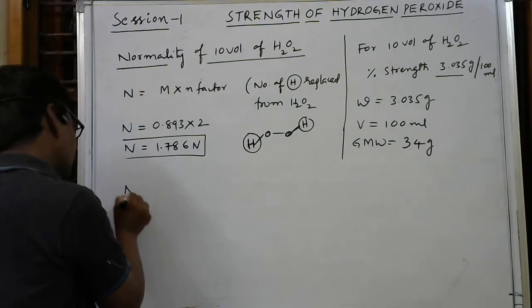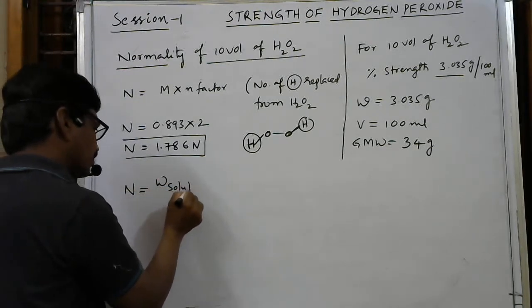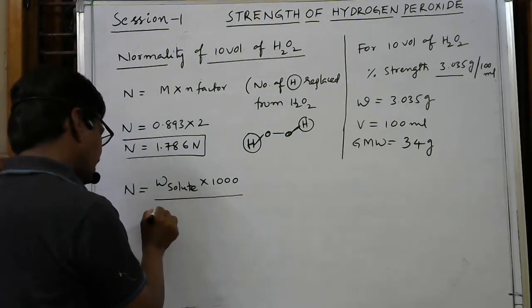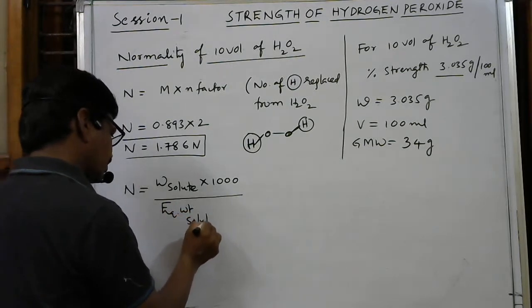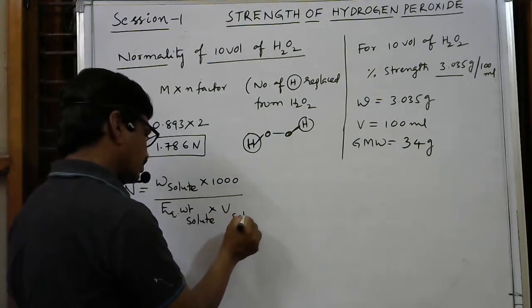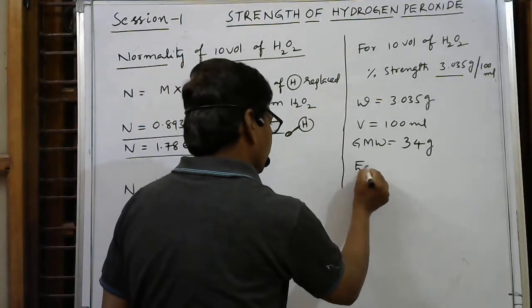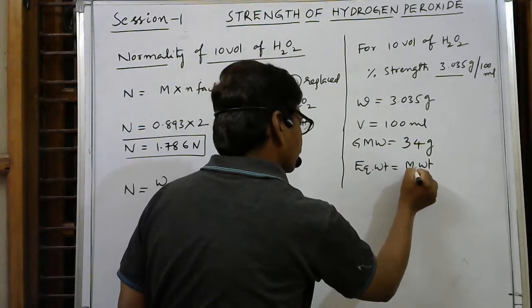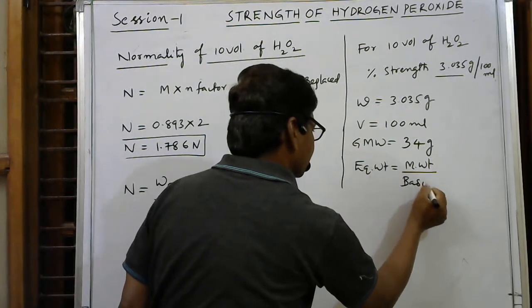Otherwise directly by using the normality formula, N equal to weight of solute into 1000 by equivalent weight of solute into volume of solution. Here the extra point is equivalent weight. Equivalent weight of hydrogen peroxide: equivalent weight equal to molecular weight by n factor, otherwise here basicity because it is a weak acid.